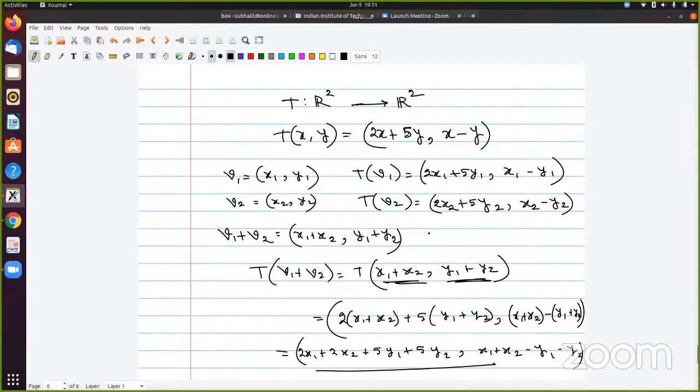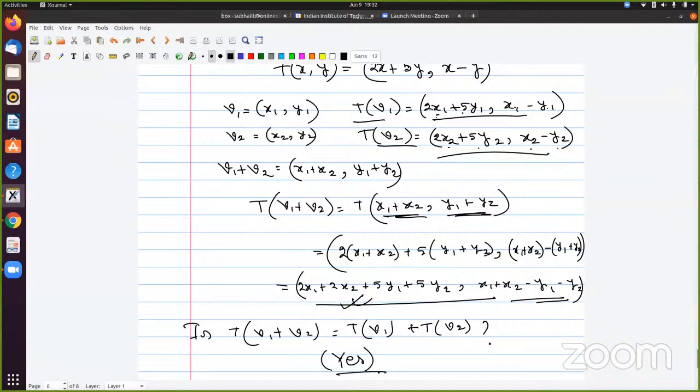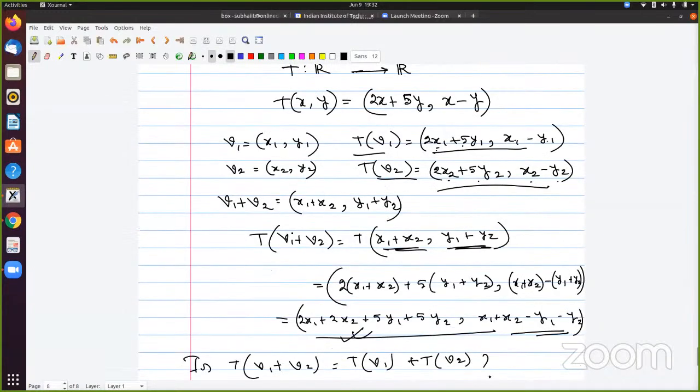Is the sum of T V1 and T V2 the same? If you add coordinate-wise, this is 2x1 plus 5y1 plus 2x2 plus 5y2, which is the first one, and x1 minus y1 plus x2 minus y2, which is the second one. So the answer is yes, and the first condition is satisfied.